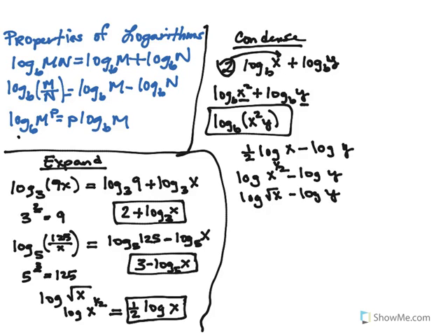In theory, we're factoring out a log. And when we do that, it leaves square root of x divided by y, because the subtraction condenses into a division.